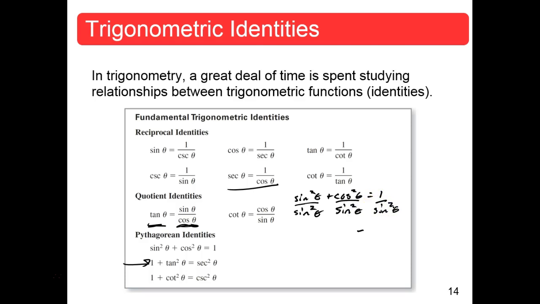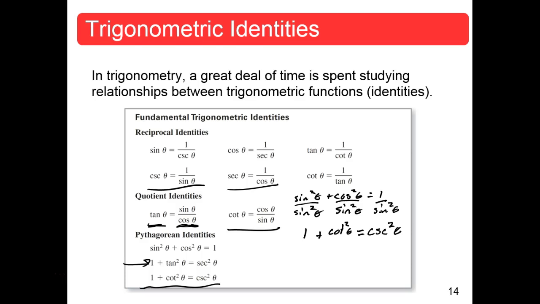And what's sine squared theta over sine squared theta? 1 plus, what's cosine squared theta over sine squared theta? Cotangent squared theta. And what's 1 over sine squared theta? Cosecant squared theta. And there's that one, just as written.